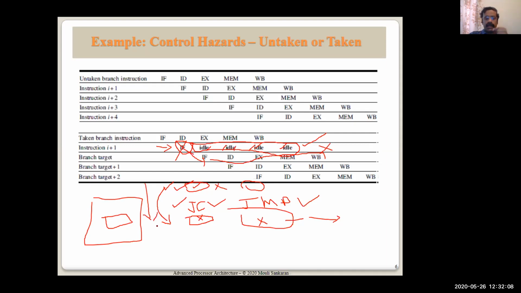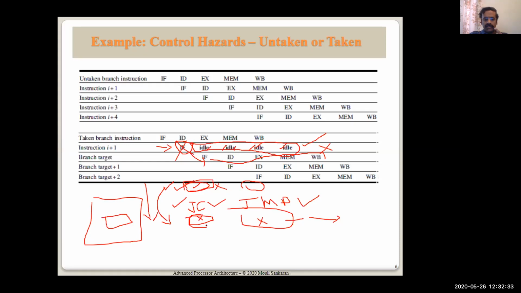I will explain with an example soon. Imagine an instruction which is independent. Maybe I am loading or saving something, some activity which I am doing here. Let me not talk about jump on carry, but any instruction.